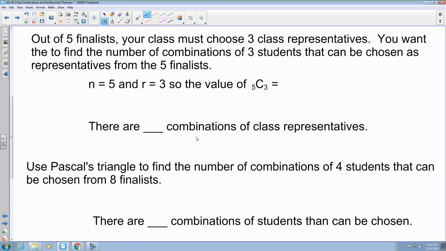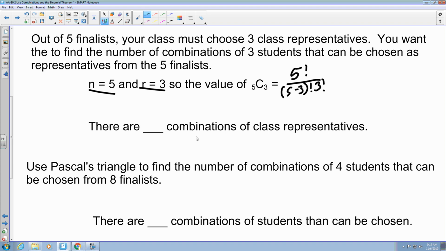Here it says, out of finalists, your class has to choose 3 class representatives. You want to find the number of combinations of 3 students chosen as representatives of the 5 finalists. Again, n is 5, r is 3. Just utilize the formula: 5 factorial over 5 minus 3 factorial times 3 factorial.